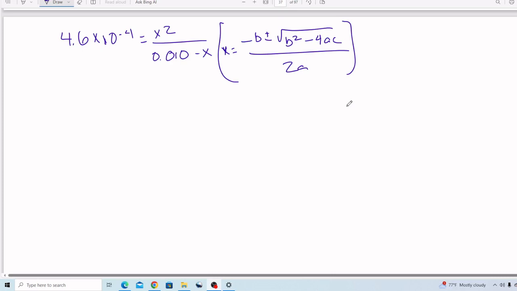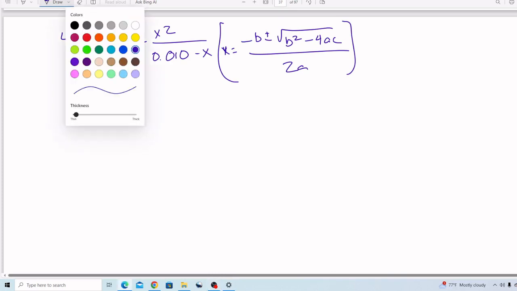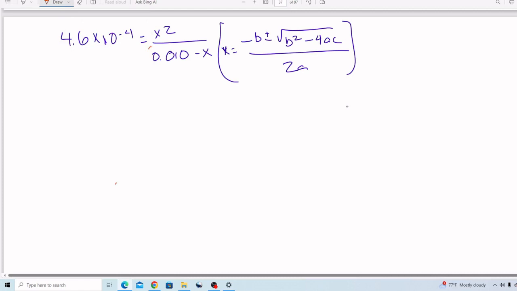This can be a little bit tricky, so I'm going to pull some mathematical manipulation here. I'm going to take my whole denominator, 0.010 minus X, and multiply both sides by it.